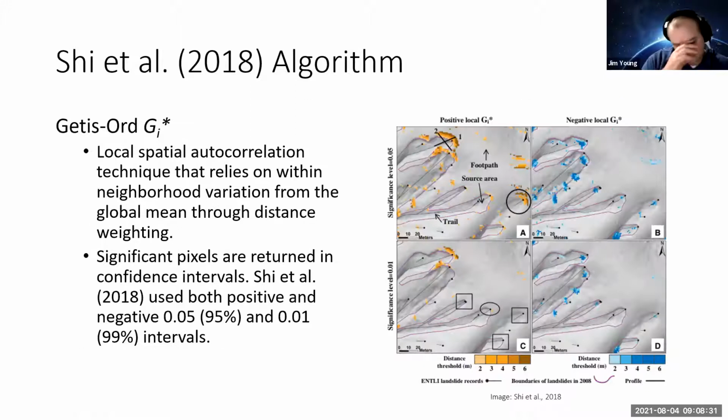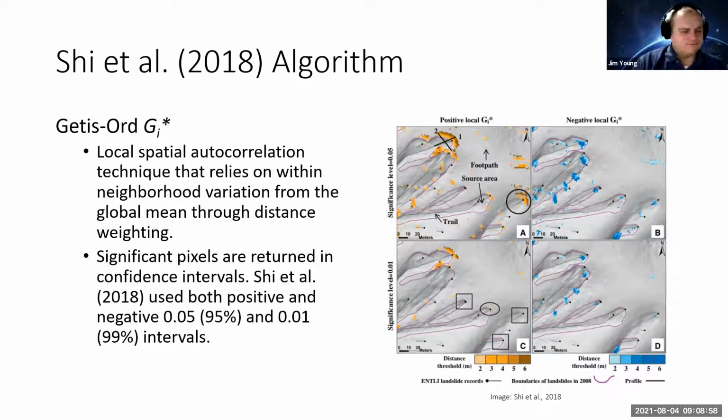So then you get to the nuts and bolts of this, mainly the Gi* statistic, because spatial autocorrelation is an advanced technique and takes some understanding. Local spatial autocorrelation relies on the neighborhood variation from the global mean through distance weighting to make its determination of what is considered significant.